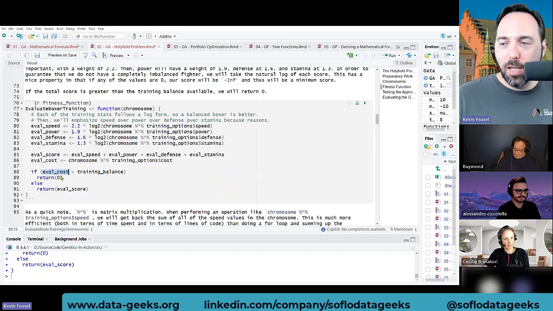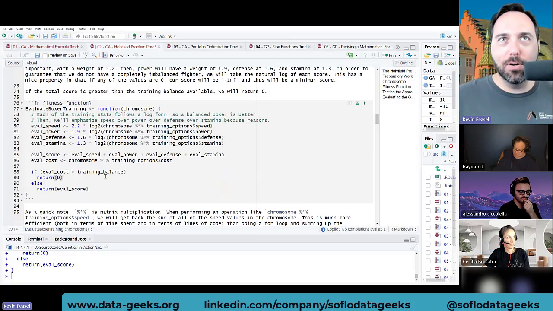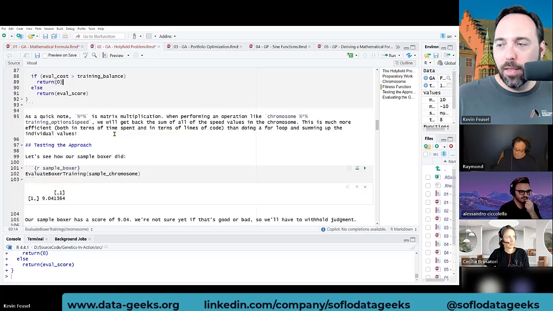And so I'm going to give you a total fitness of 0. Otherwise, I'm going to give you something that's guaranteed to be above 0. So we're never going to benefit from exceeding our budget. In other words, our fitness function has to control our budget.